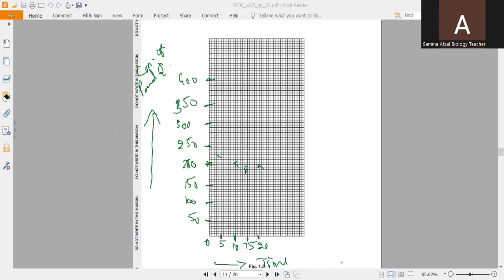This is for P. Now for Q, the value at 0 is 400. And then at 5, it is 280. So it will be nearly equal to this value.